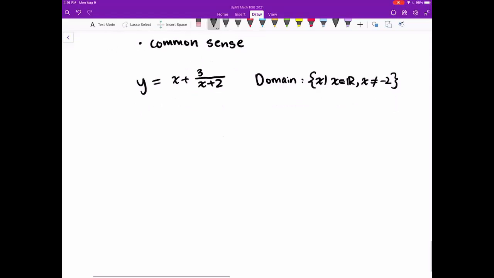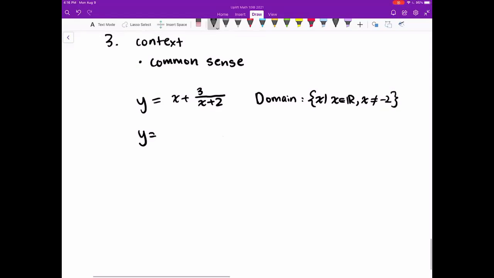Okay, so we can have y is equal to 3 over 2x plus 5. Just a weird one. Here we know that x is in the denominator, so the denominator can't equal 0. One way to do this is to turn the denominator into an equation, so we could say 2x plus 5 is equal to 0. We isolate x, and we find that to make the denominator 0, we need x to be -5 over 2.